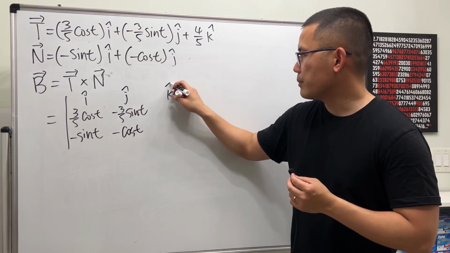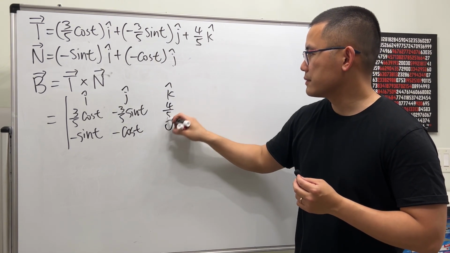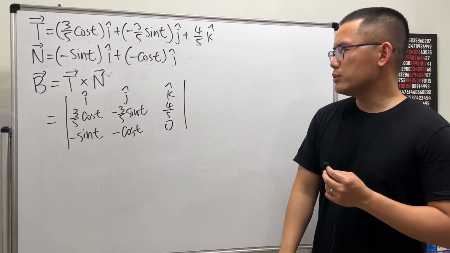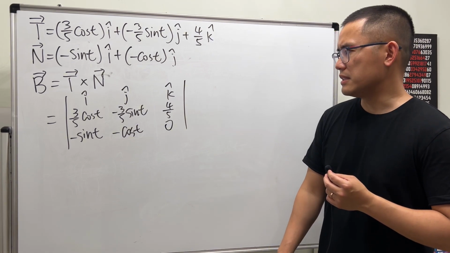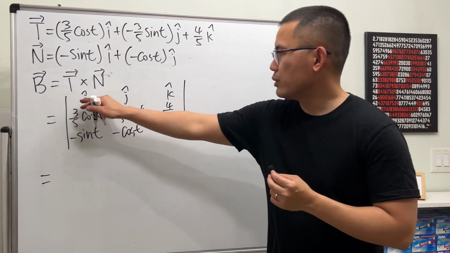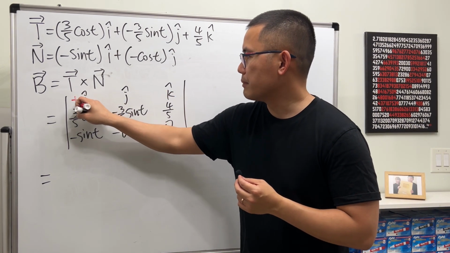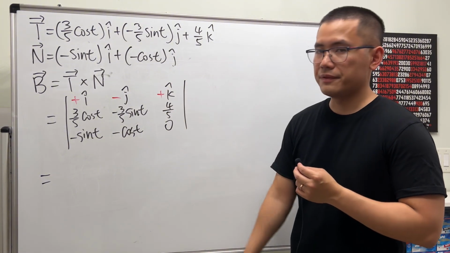And then for the k component, we have 4/5, and this right here is 0. Now we are going to just do the cofactor expansion. It's not so bad, especially since you have a 0. So I'm going to do the cofactor expansion across the first row. And remember, we have the positive, negative, and positive.